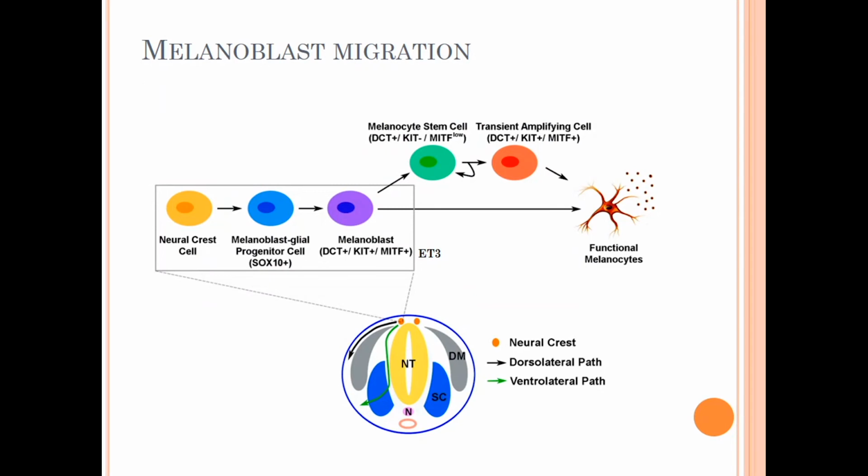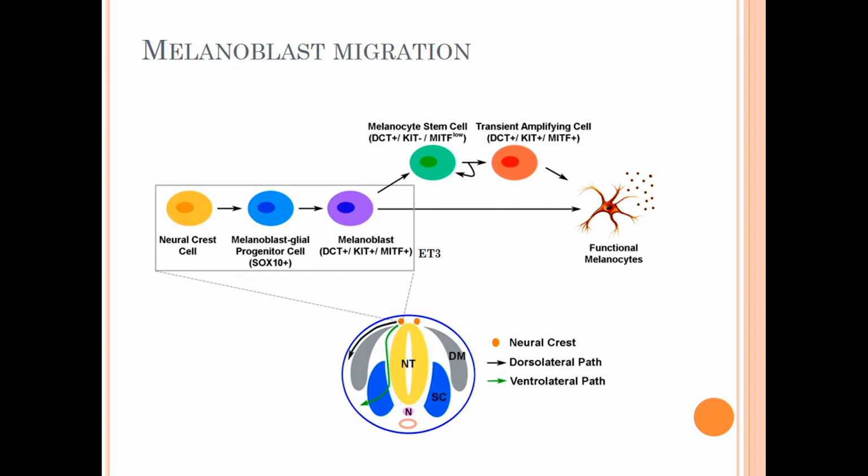As I mentioned earlier, the melanocytes arise from the neural crest cells. You can see these are the neural crest cells, and they differentiate into melanoblast cells, and these melanoblast cells consist of various receptors where the ligands would be endothelin 3, MITF, stem cell factor, and also SOX10, PAX3.